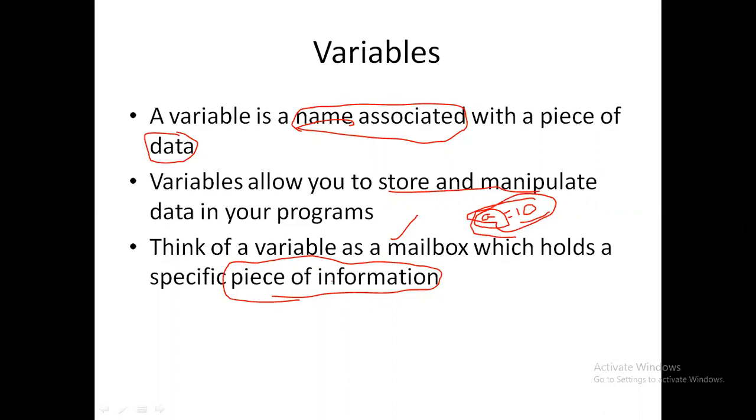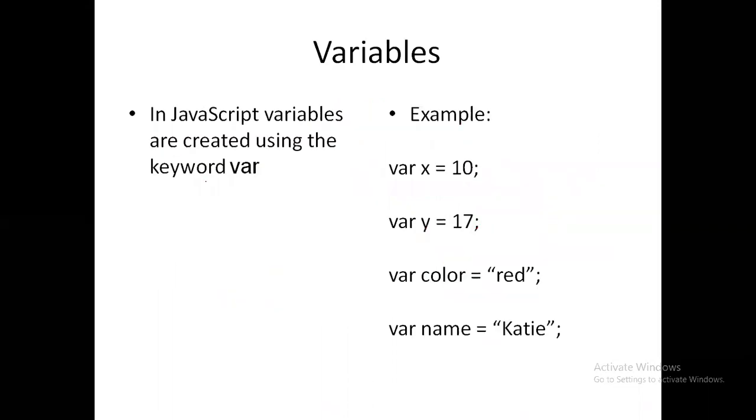Okay, so how will it be? In JavaScript, we use the keyword called var. var is nothing but variable. If I say var x, now x is a variable which is going to store the value 10, that data called 10.